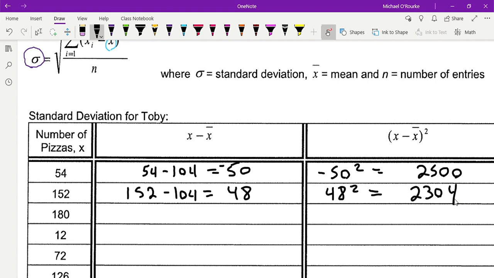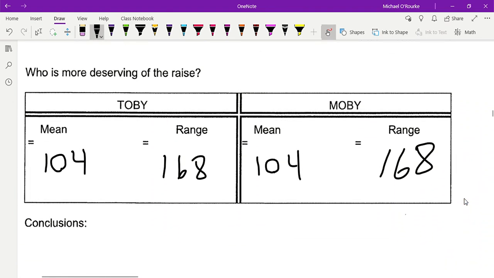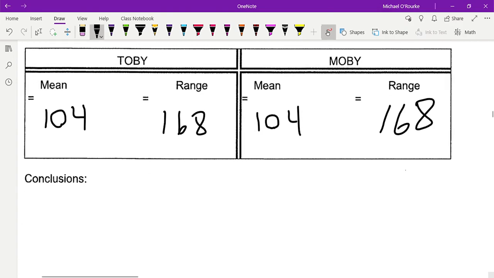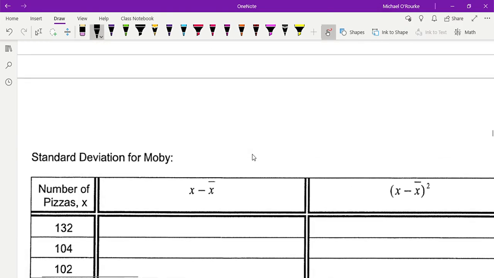So, how about this side of the room? Who did you guys do last time, Toby or Moby? How about you guys have Toby, you guys do Moby. Moby's on the next page.